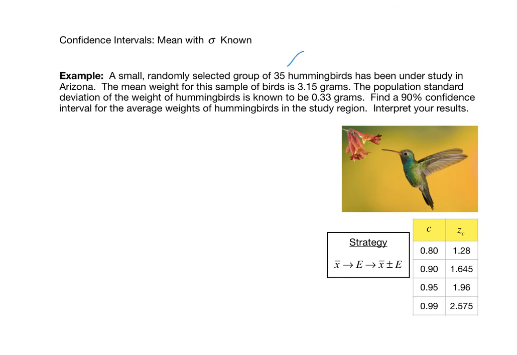So, can we use the central limit theorem here to find our margin of error E? Well, this right here tells us n is equal to 35, which is greater than or equal to 30. So again, we need to have either the sample size be greater than or equal to 30 or the data needs to be distributed normally. It doesn't say the data is distributed normally, but we have that the sample size is in fact greater than or equal to 30. But we also must have the population standard deviation.